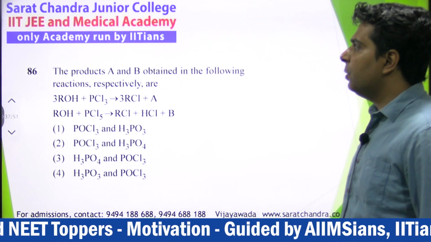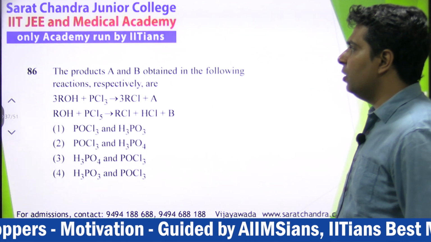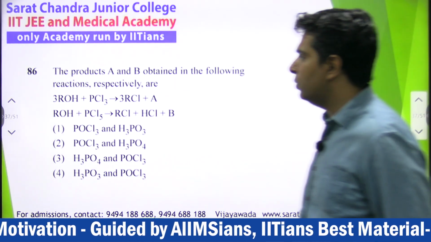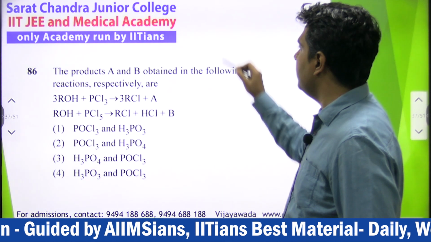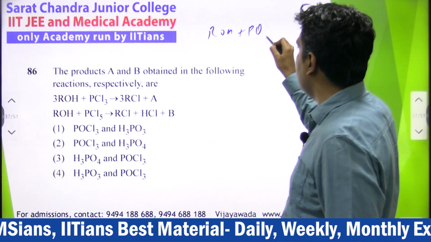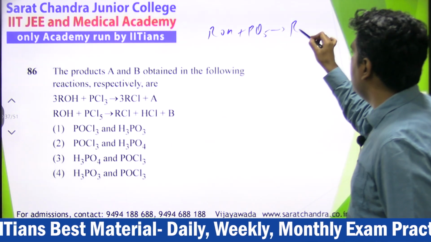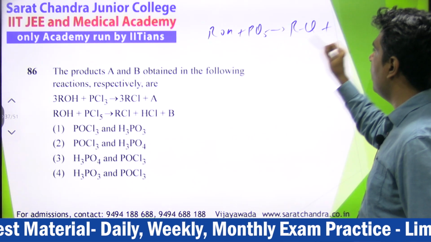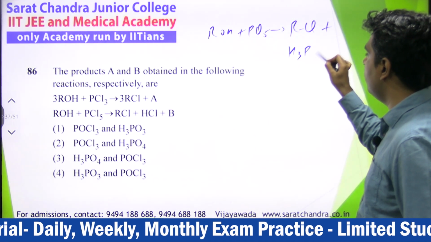Next question. The products A and B obtained in the following reaction respectively are, so alcohol when reacted with PCl3. PCl3 and PCl5 both are chlorinating agents, alkyl chloride will be formed, and in this case H3PO3 will be formed.